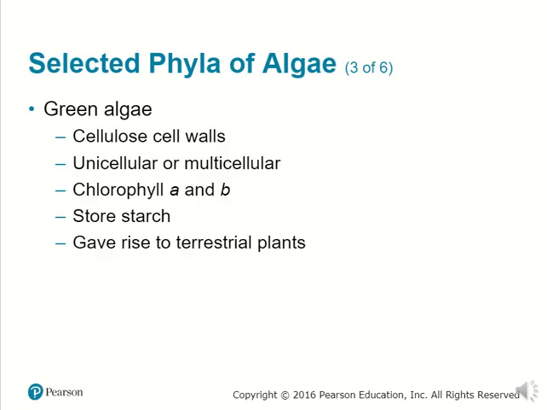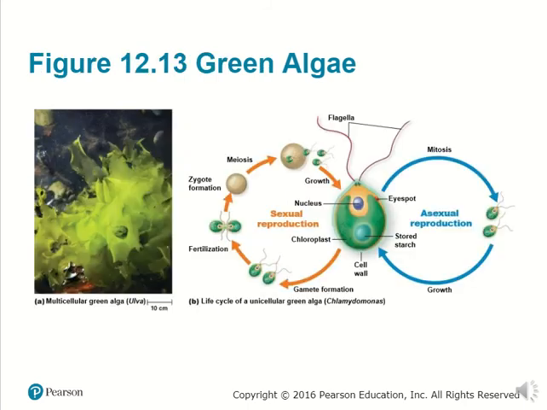Green algae. Their cell walls consist of cellulose, similar to plants, and there are unicellular or multicellular versions. They have chlorophyll a and b, which helps in photosynthesis. They will store starch, or large sugar molecules, and they give rise to terrestrial plants.